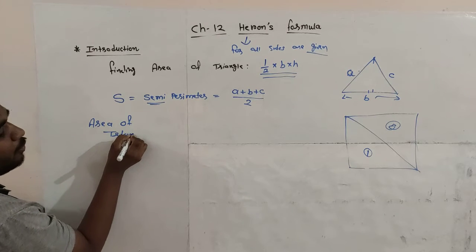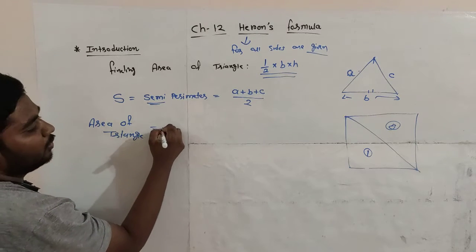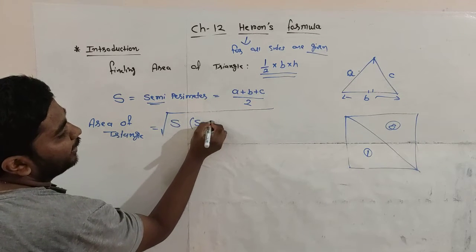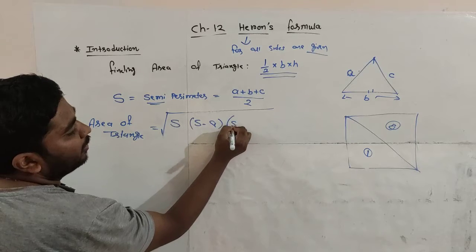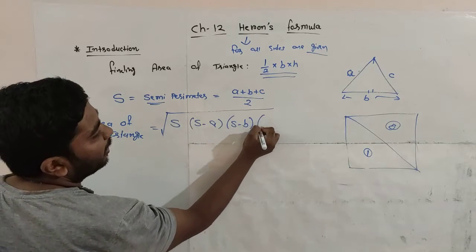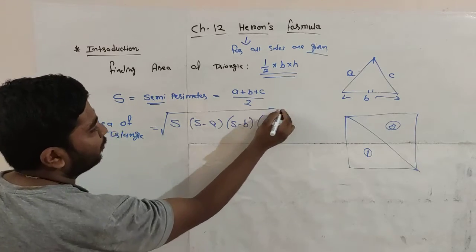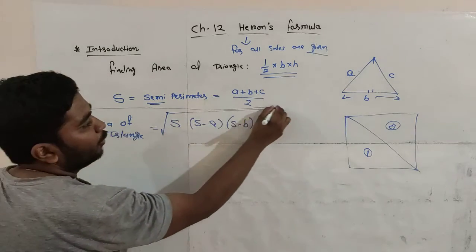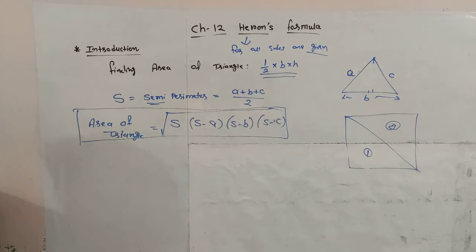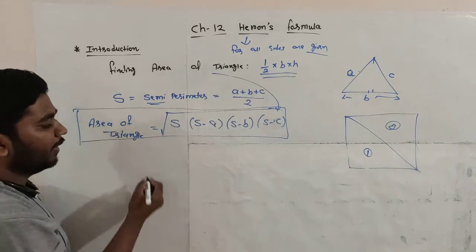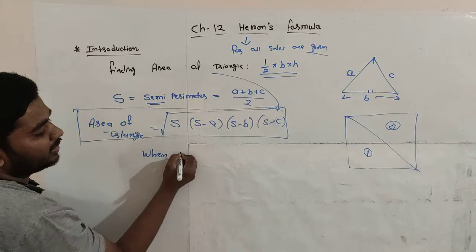And the area of a triangle, or we can say Heron's formula, is equal to root of S into bracket S minus A, another bracket S minus B, and another bracket S minus C. So this is Heron's formula. This formula will be helpful for finding the area of a triangle when all three sides are given.